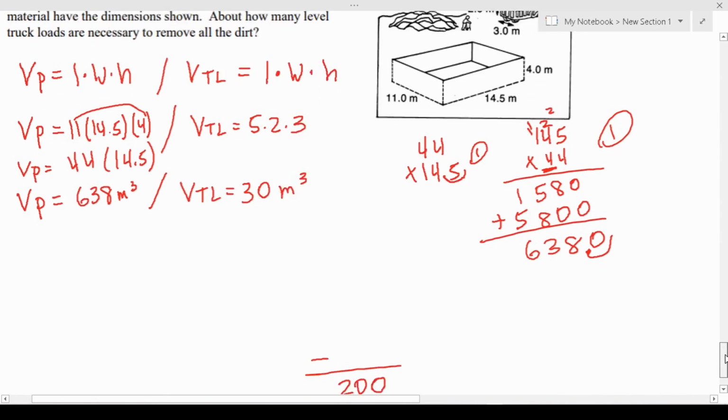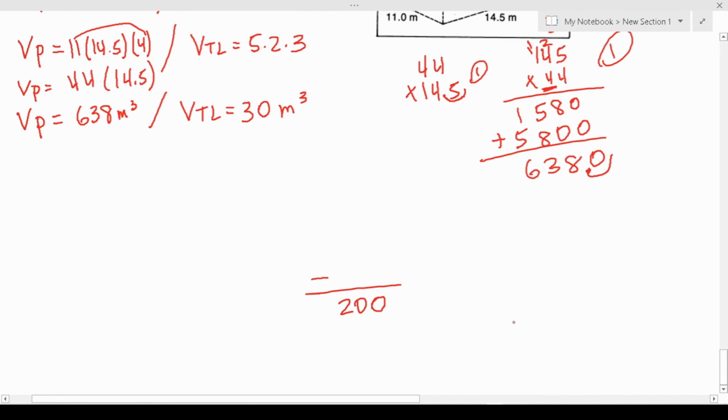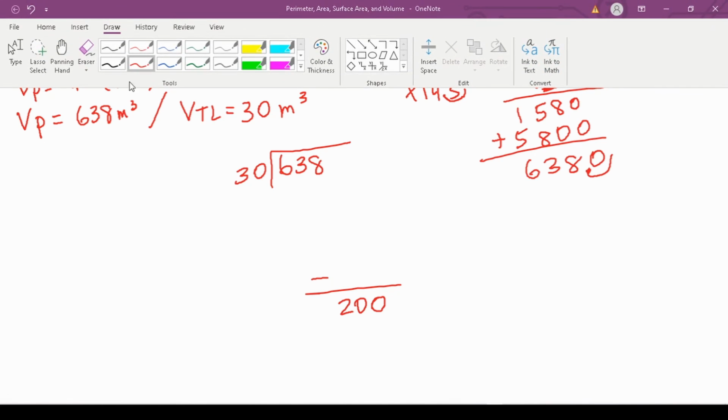Now we just have to do this division to figure this one out. And as you can see, that's going to be 638 divided by 30. So let's do this long division and we'll be done.